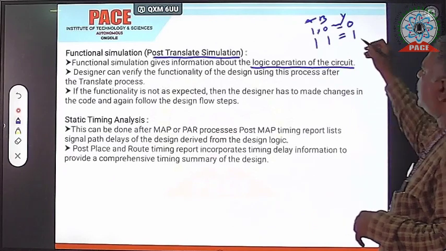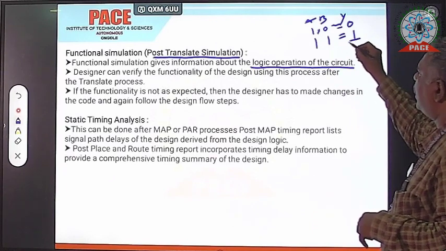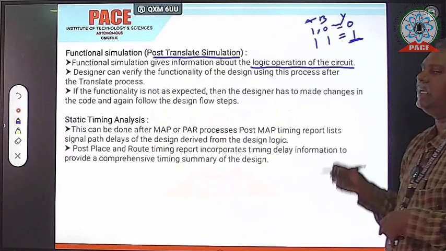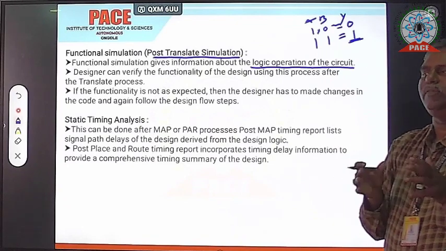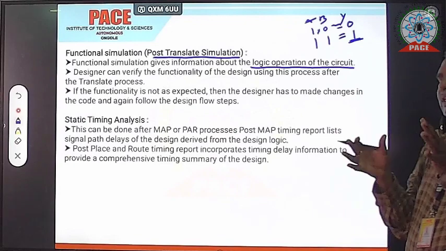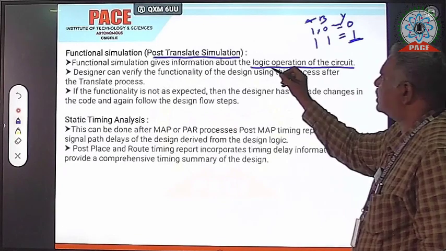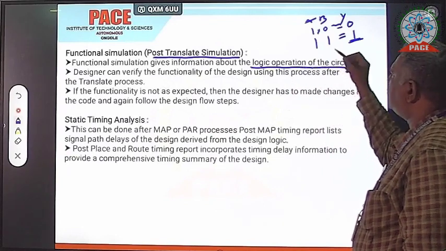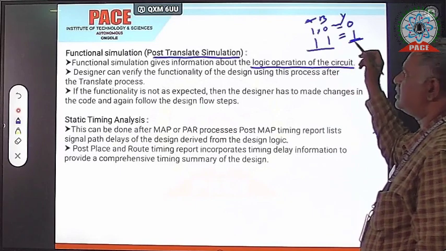So based on Y equals 1, we can say this AND gate is working very effectively, and the logic operation of the circuit is verified like this. So that is called post translation.